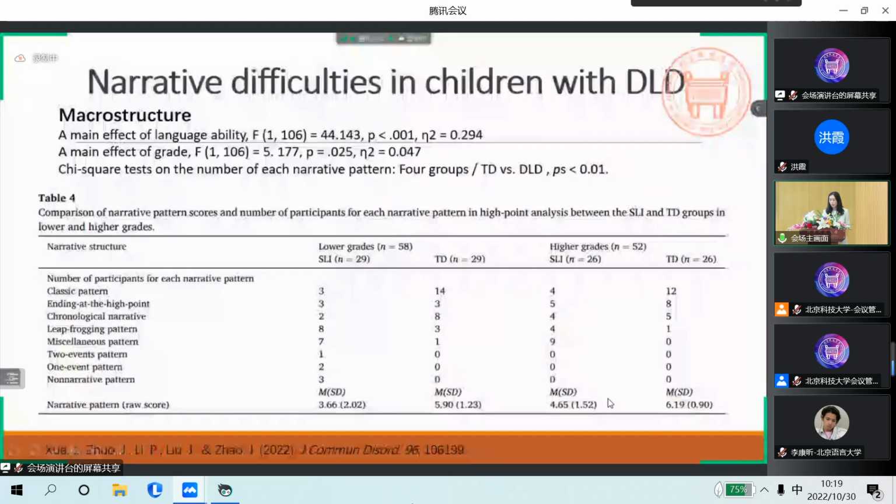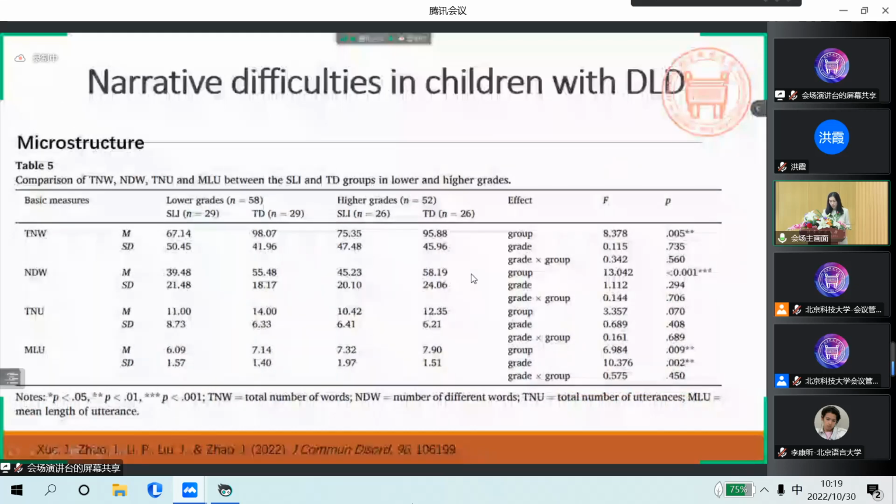In other words, there was a developmental pattern in all the macro structures. Further tests on the narrative patterns found that typically developing children were quite different from the DLD children.